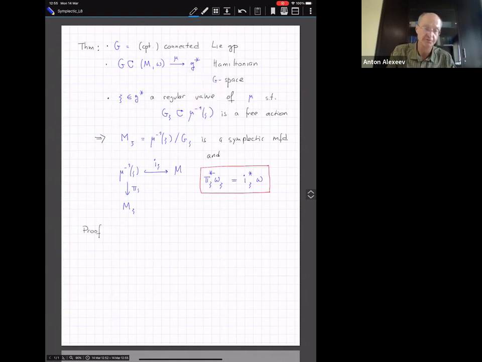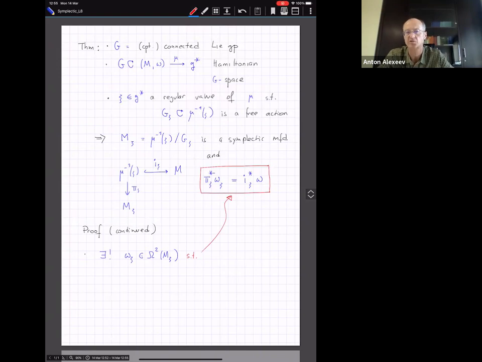We started the proof last time, and we're going to continue the proof. But maybe now let me just recall that the part of the proof that we have done already is the existence and uniqueness of a two form on the reduced space which verifies the equation, right?